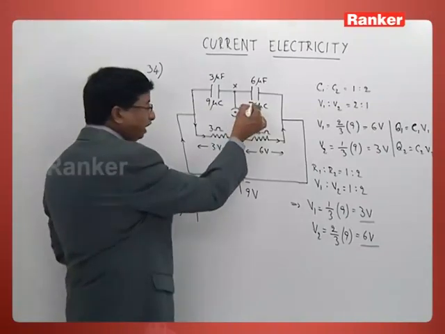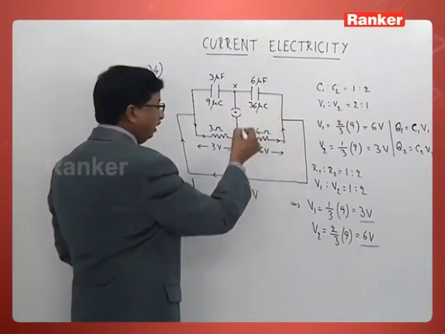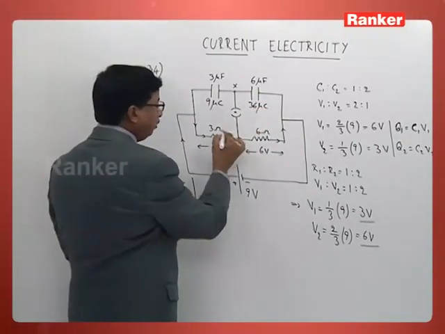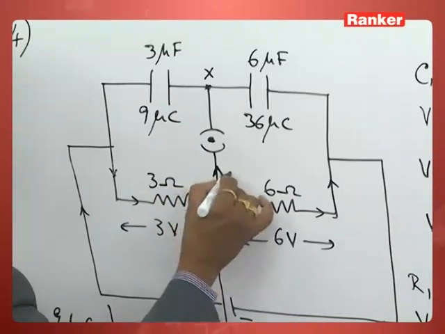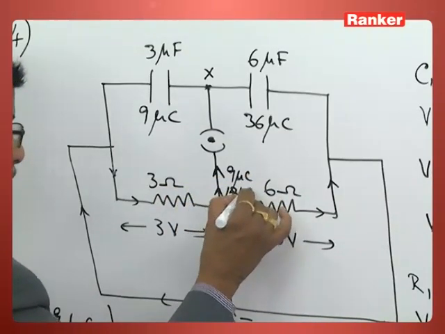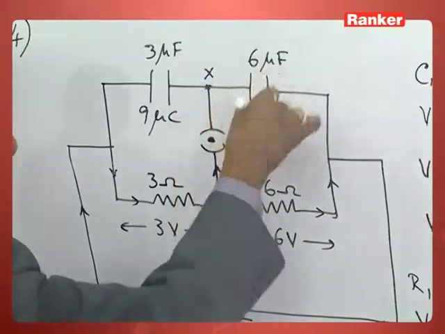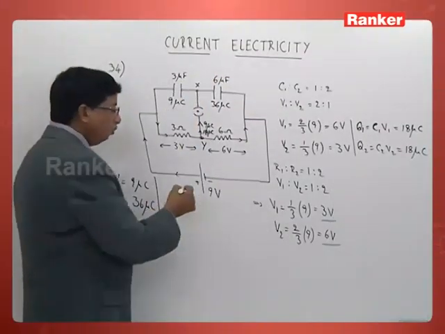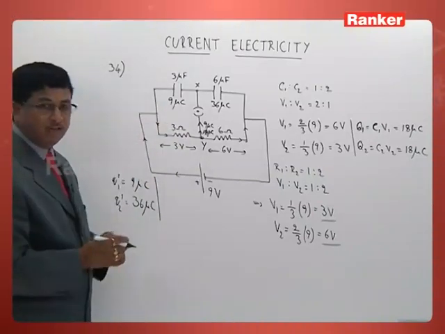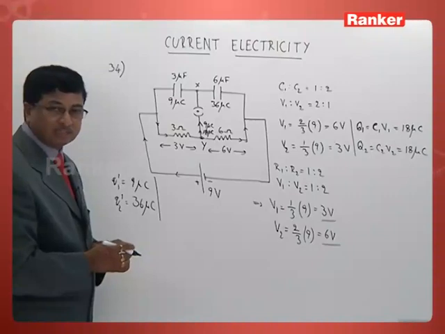And this is now 36. That means earlier it was 18, so 18 once again is added to that. So what are you going to get? The charge of 9 microcoulomb over here and 18 microcoulomb over here is now entering onto the second. So what will now be the total charge that is passing across this YX?